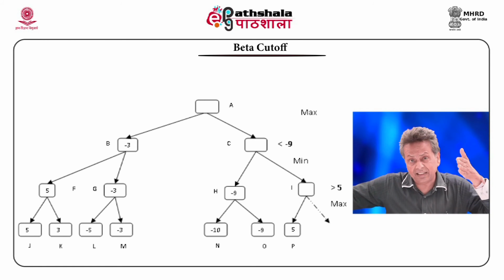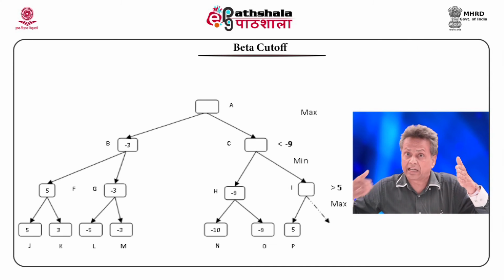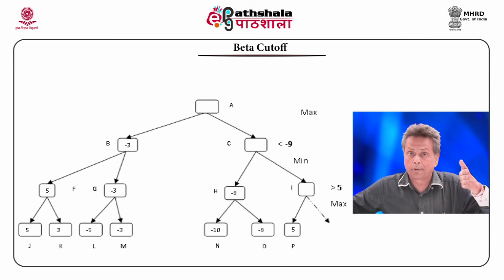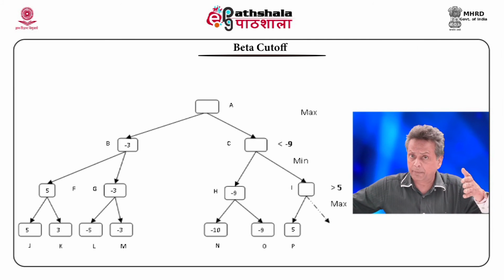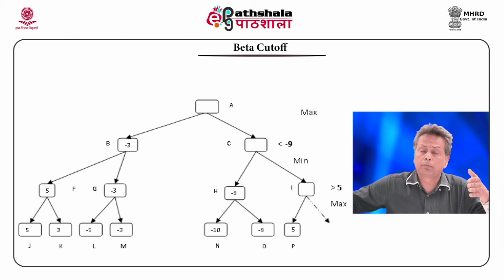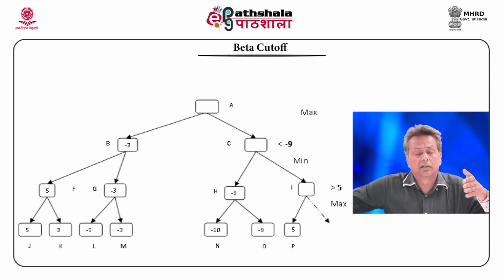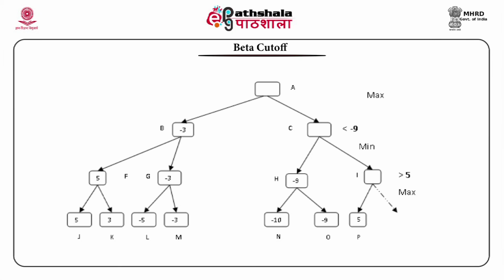If he plays I, I can play P, which guarantees me 5, which is very good. So the opponent will not choose that, irrespective of the value of the other one. The other one may be 10, but I am always getting 5 or more. If it is less, I'm not going to play that move. I only play P. So the point is, there is no point exploring the next branch.